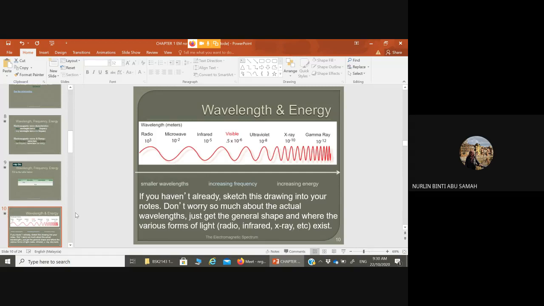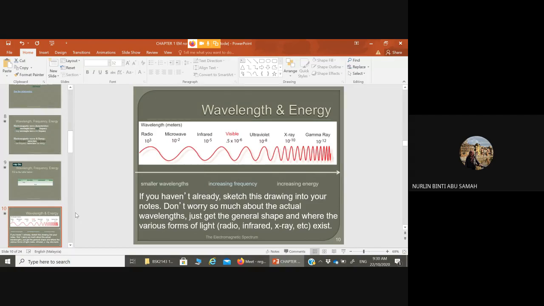What you can see here is that radio has a wavelength of 10 to the power of 3 meters. So radio has a very long wavelength. When it has a very long wavelength, it will produce very low energy.